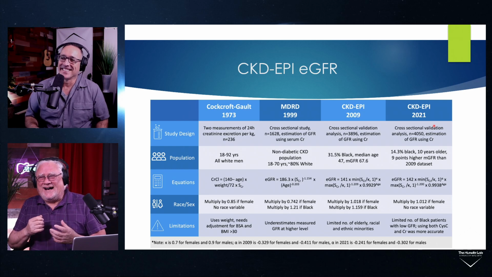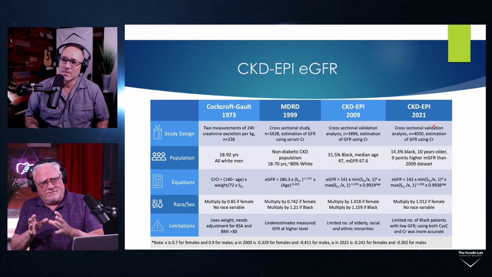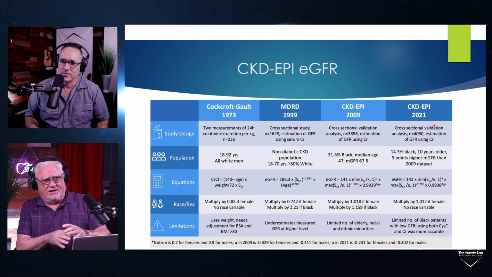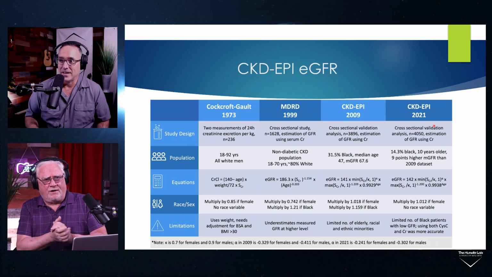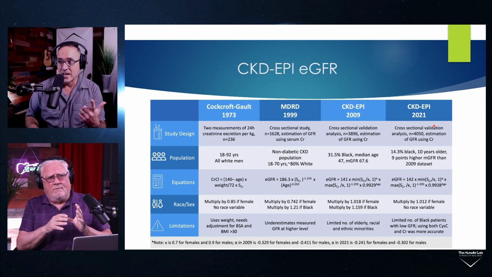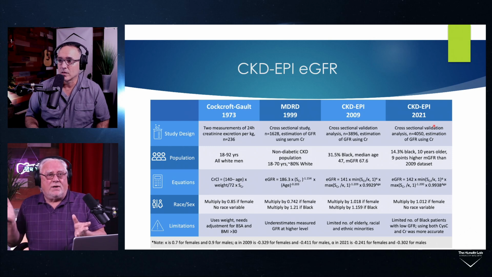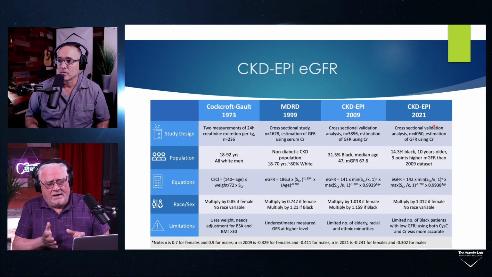So the original purpose for the eGFR very clearly was to have an easily determined surrogate for the actual GFR, for what's really happening. Cheap and easy, that you can use in everybody to monitor people.